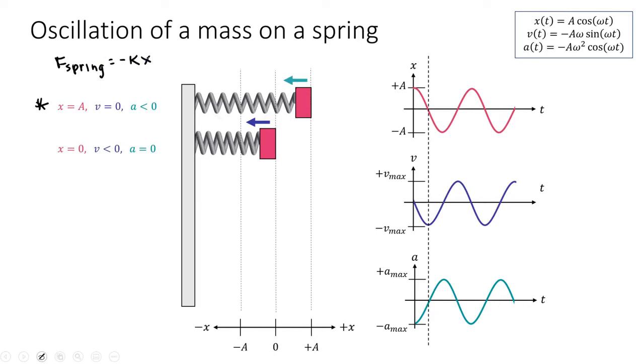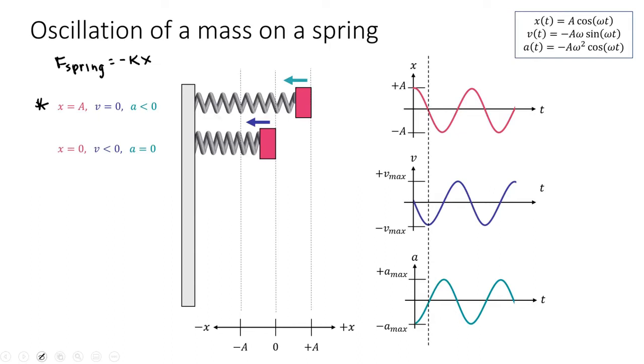But right at that time, x is equal to 0, so our block is going through its equilibrium position. That means there's no force exerted by the spring, and so right at that moment in time, there's no acceleration. So right at x equals 0, we get a equals 0, and our block is going to be moving to the left because it has been accelerated to the left from the previous step.